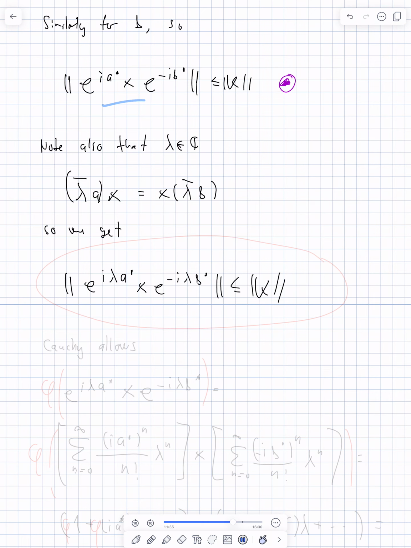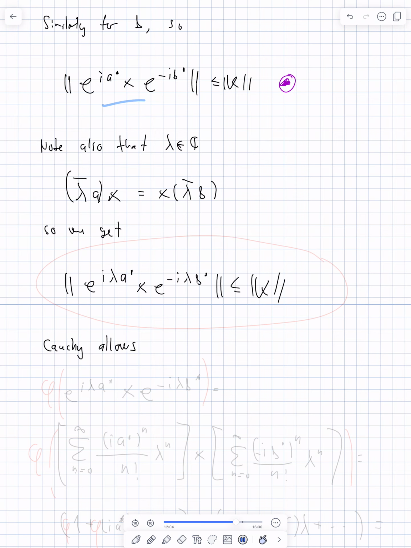Now, by Cauchy multiplication, and we know that we can do Cauchy multiplication. This was an exercise. We can do this in any Banach algebra, in particular in a C-star algebra. All we need to know is that when we do the Cauchy multiplication, we have something which is absolutely summable.